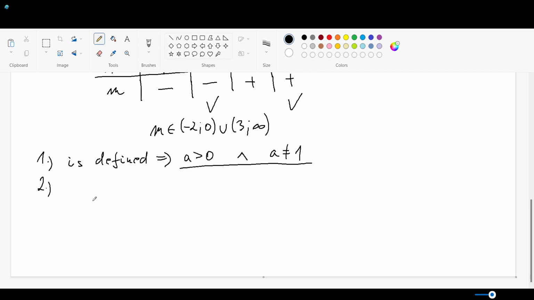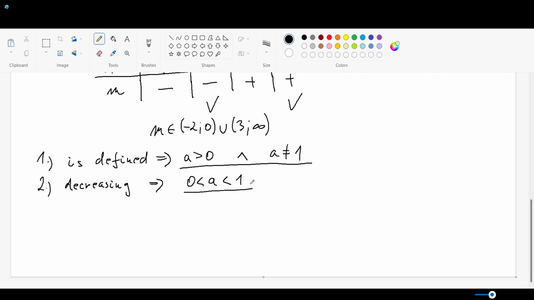The next task could be, you can be asked to find the values of parameter m so that the function is decreasing. It would mean that parameter a must be greater than 0 and less than 1. Okay, so this is the condition.